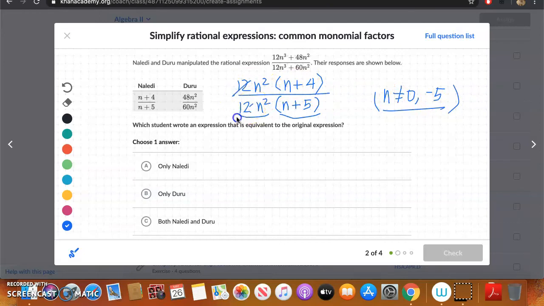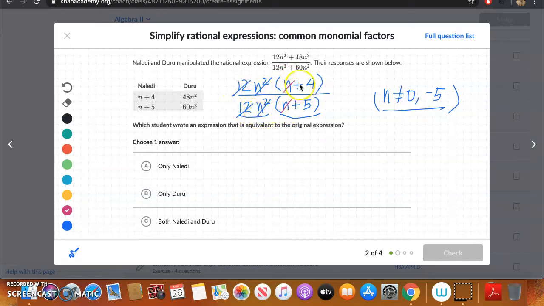So 12 over 12, these are now factors, correct? So you can cancel that. N squared over n squared, those are factors. You can cancel those. These you cannot. I repeat, you cannot cancel these n's here. You cannot do this. Why? Because these n's by themselves are not factors like these two terms were.